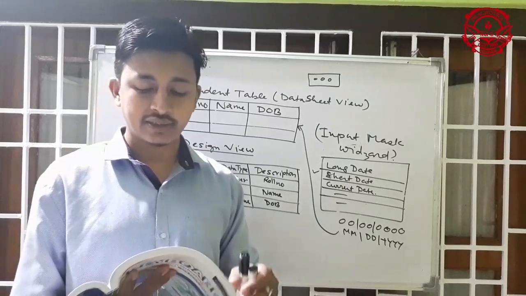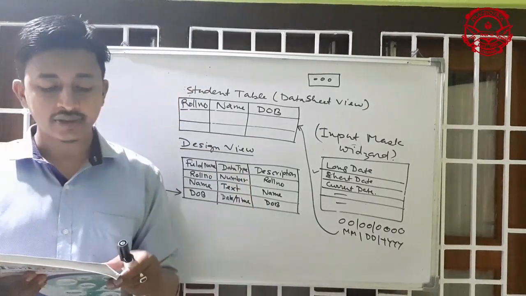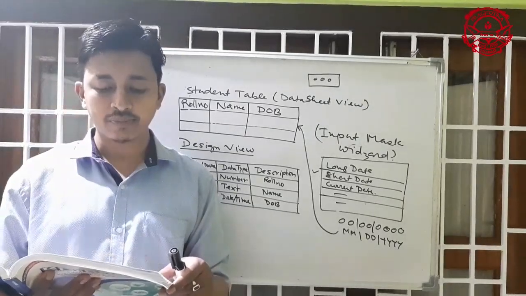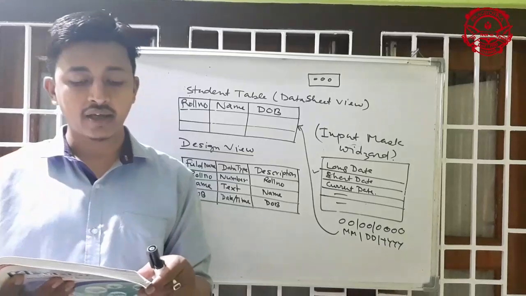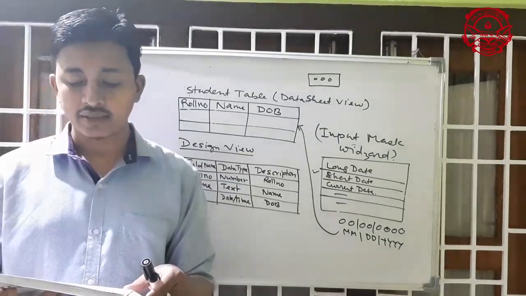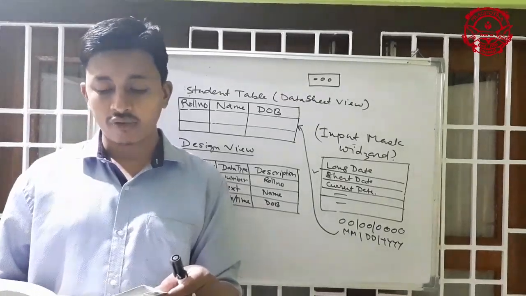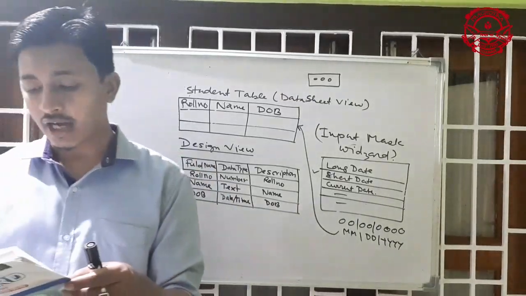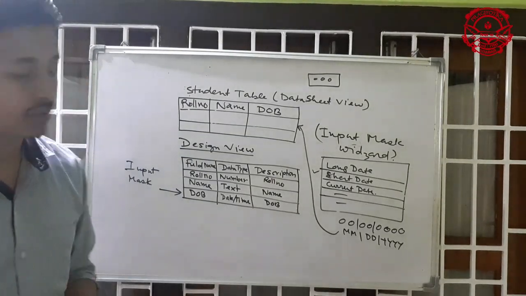Then change the input mask and placeholder characters if you want, and click the next button. The placeholder character is displayed in the field that holds the input mask.